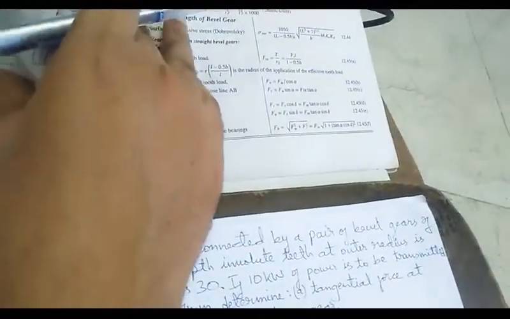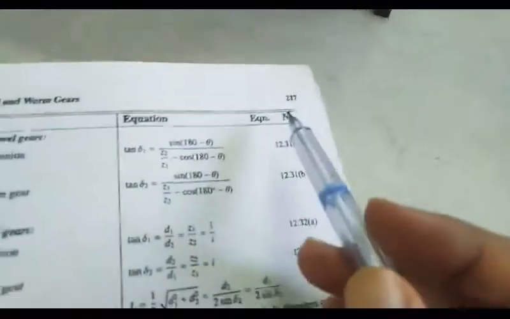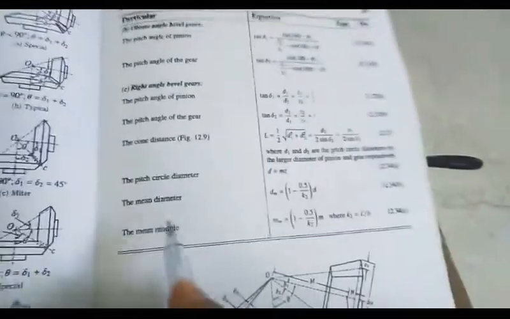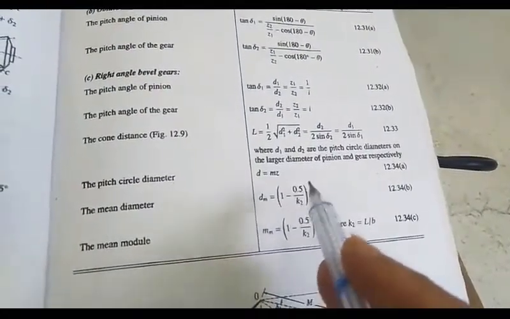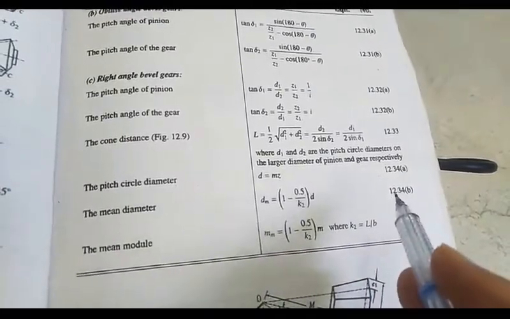For dm, we have to refer to the data handbook. You can see on page number 217, the mean diameter dm is equal to 1 minus 0.5 by K2 into d. It is 12.34b, page number 217.